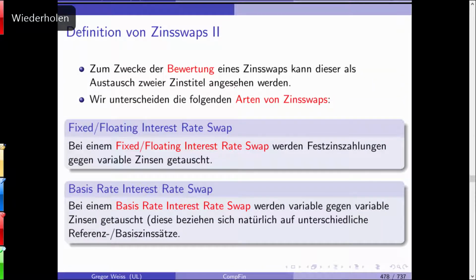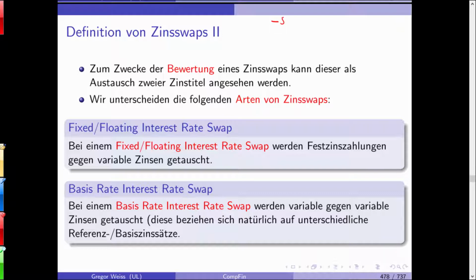Now, let's turn to some very plain vanilla interest rate swaps. First, we'll have a fixed floating interest rate swap. In this case, you will pay a fixed interest rate, for example, 5%, and you will get a variable interest rate payment. The cash flow streams that originate from this are also very simple.